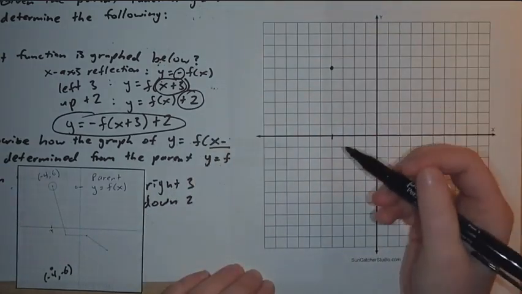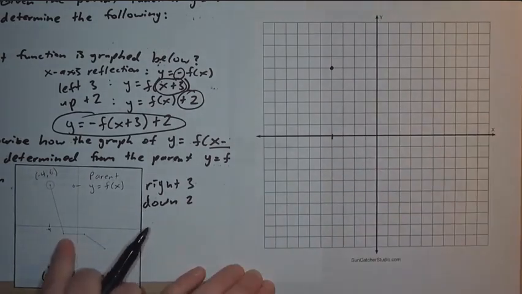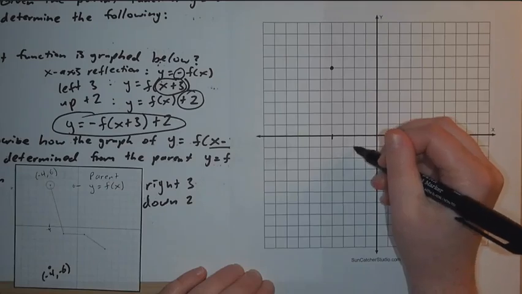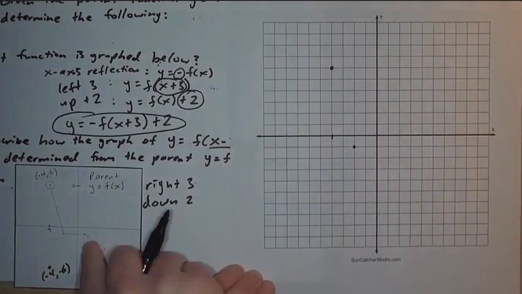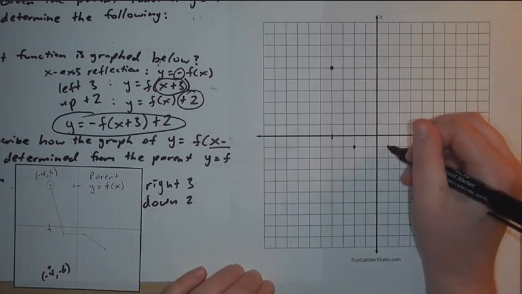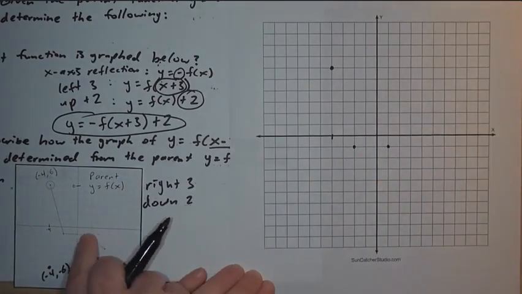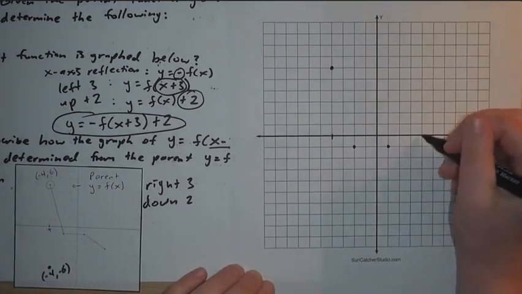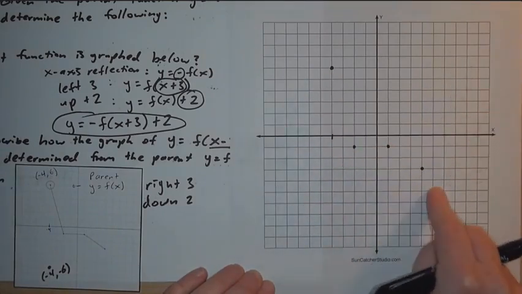I'm going to mark down the original here. So we have negative 2, negative 1, that's the original. Then we have negative 1, negative 1, then positive 1, negative 1. Then we have 4, down 3, 4, down 3. So we have these 4 points here.